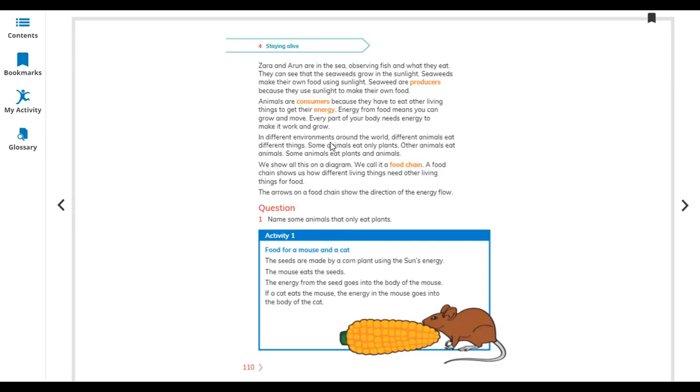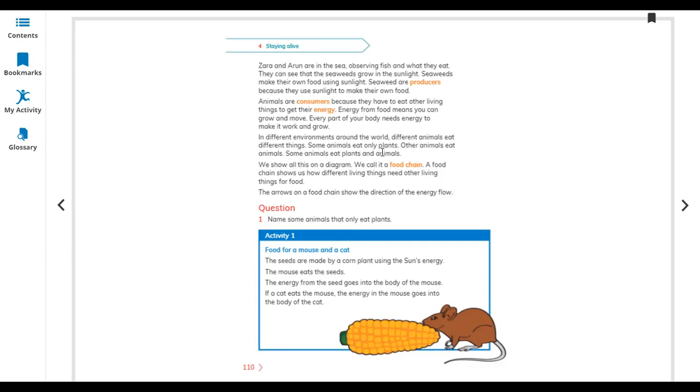In different environments around the world, different animals eat different things. Some animals eat only plants. Other animals eat only other animals, like lion and tiger. Some animals eat both plants and animals, like chicken.